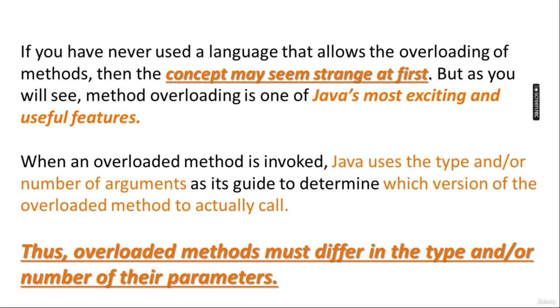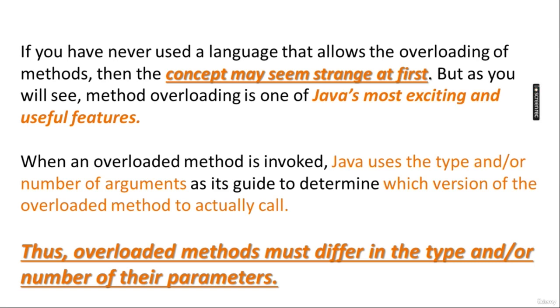But as you will see, method overloading is a very interesting and very useful feature, because when functionalities operate on only different data types, you can provide the same name, and only the parameters that you are passing to that method will be different.